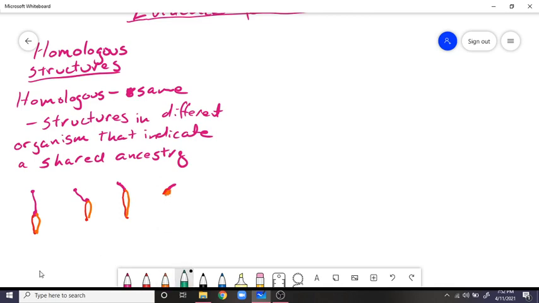And the colors are denoting where the organism's structures are the same.